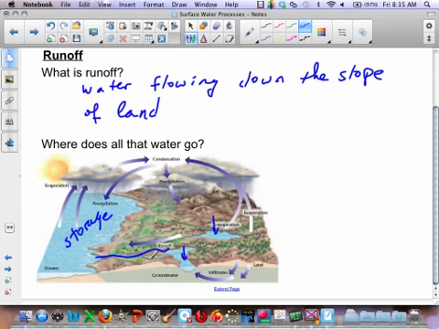If we want to go down to that scale, yes, that would be storage. All right, so that's basically what I want you guys to understand. When water's running off down the slope, it will run off until it hits the lowest elevation, and then it will start to pool together. And that basically becomes your storage.